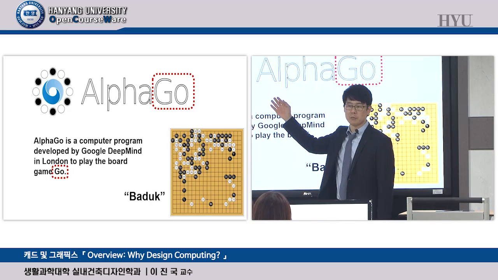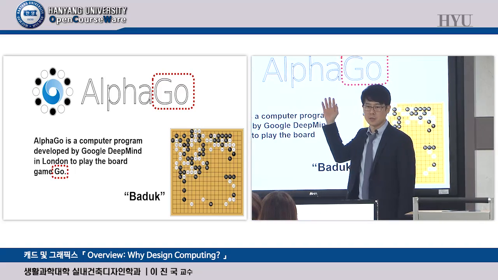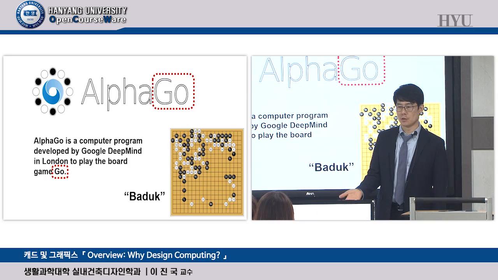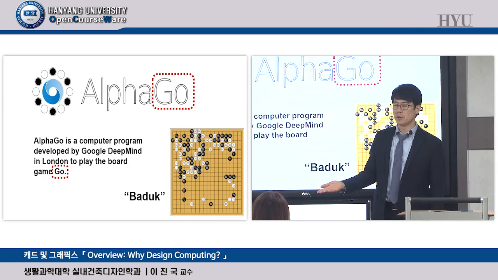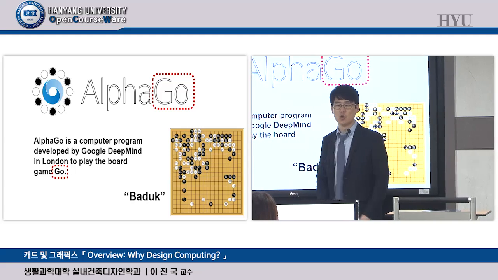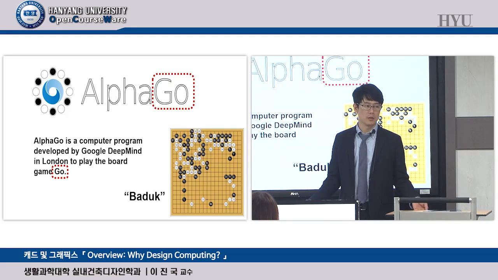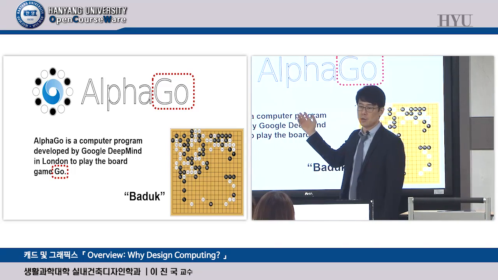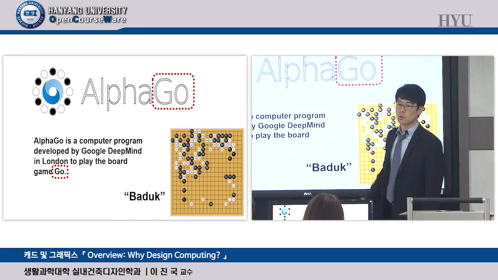The second version is probably beta version, beta test, and then the public release, the official version. If you are very interested in some game, there are alpha test, beta test, and official release. So the term alpha here means some initial version, for Go game.